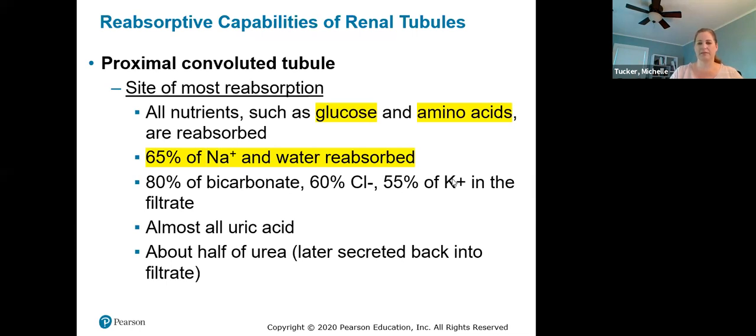You get chloride and potassium reabsorption as well, and we'll also talk about urea later. So the main thing with the proximal convoluted tubule is all of the glucose, all of the amino acids, and 65 to 70% of sodium and water should be reabsorbed at this section of the tubule.